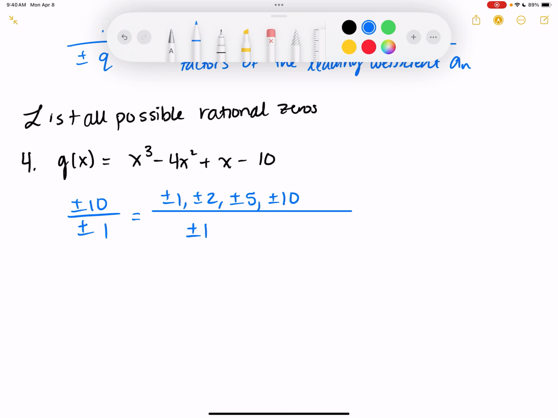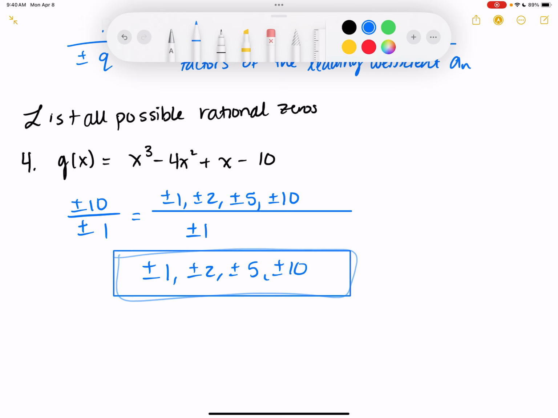So then with this one, since there's a 1 on the bottom, you don't really have to do this part. But the next step after that is to write all of them out. So in this case, since it's a 1, it's not really going to look any different. But if it wasn't a 1, like in the next one, it'll be a little different. So plus or minus 1, plus or minus 2, plus or minus 5, and plus or minus 10. This would right here be the final of listing out all possible rational zeros.